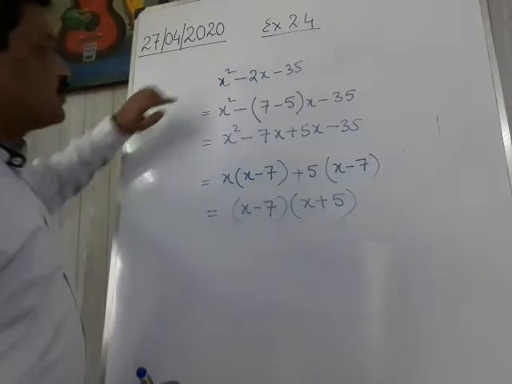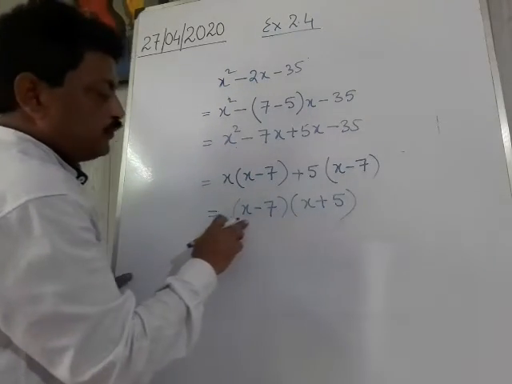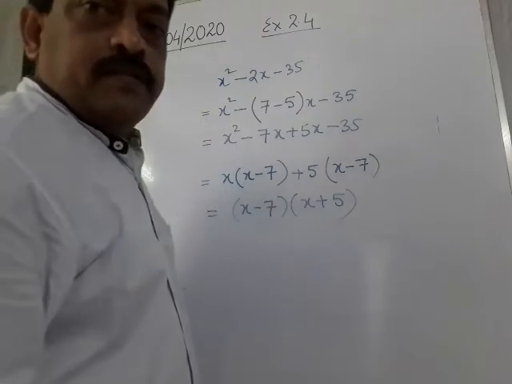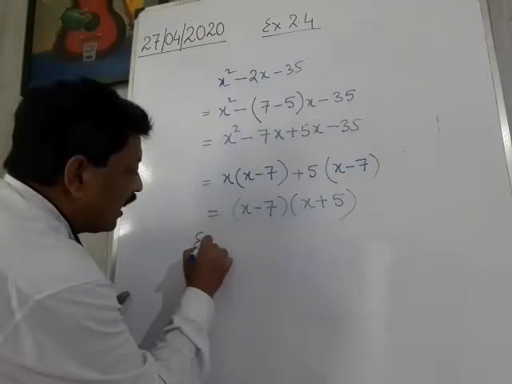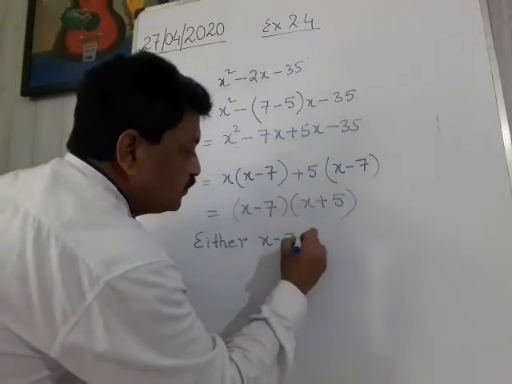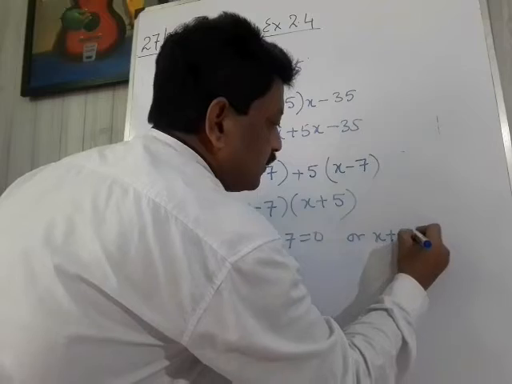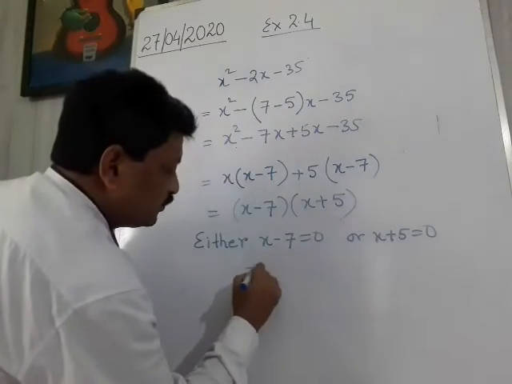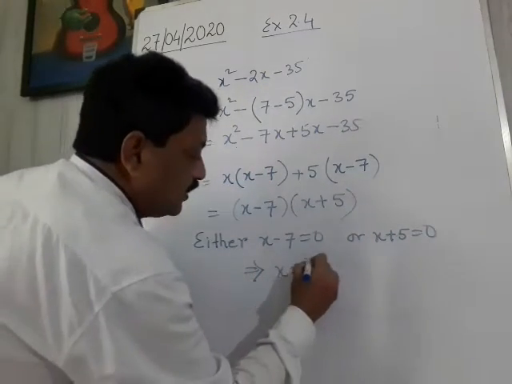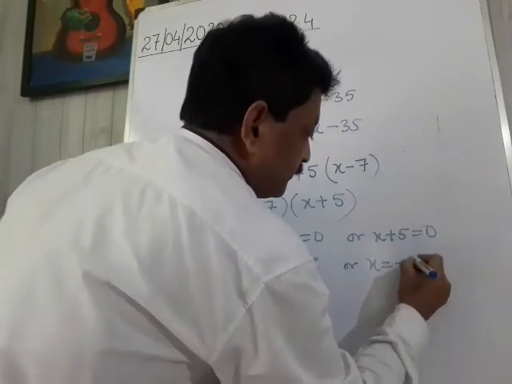The quotient was x square minus 2x minus 35, and we have got two factors, x minus 7 and x plus 5. Now either x minus 7 equals 0 or x plus 5 equals 0, which implies x equals 7 or x equals minus 5.